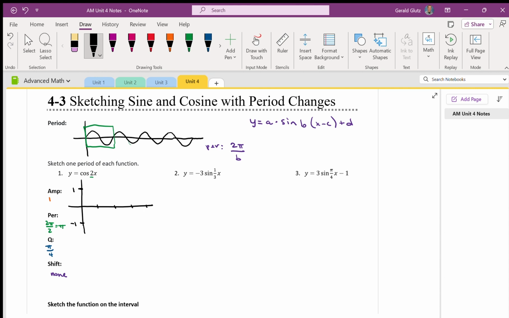And then our x-axis is going to be the period divided by 4, so each of these is going to be pi over 4. I'll just say 2 pi over 4, which I could reduce. This would be 4 pi over 4, which I could reduce.